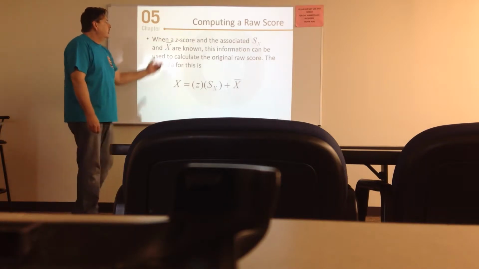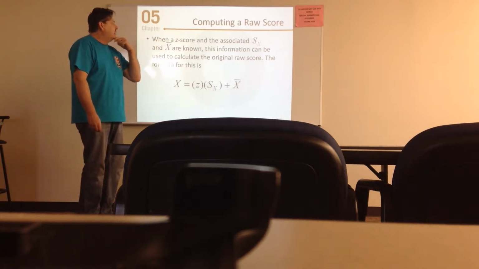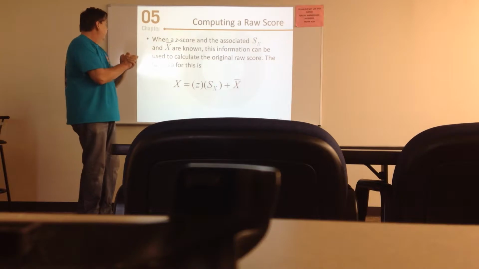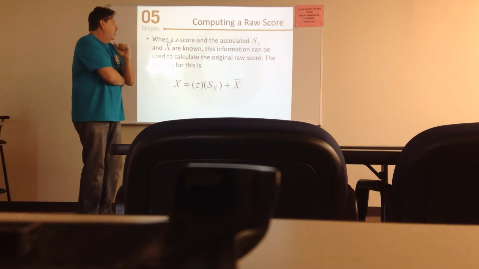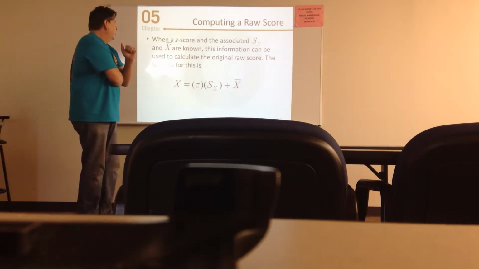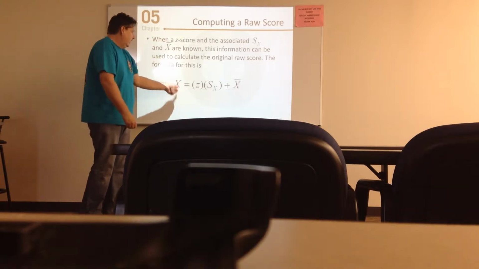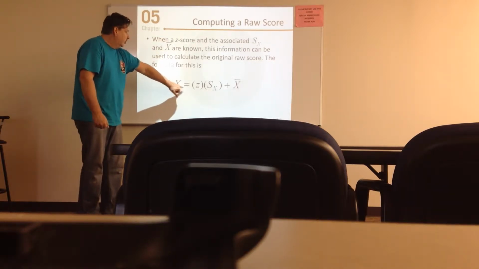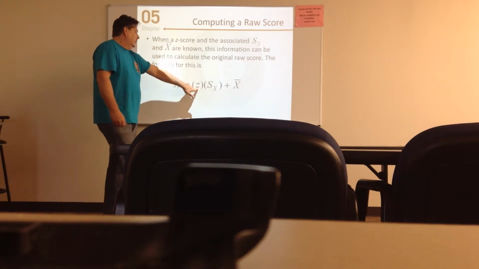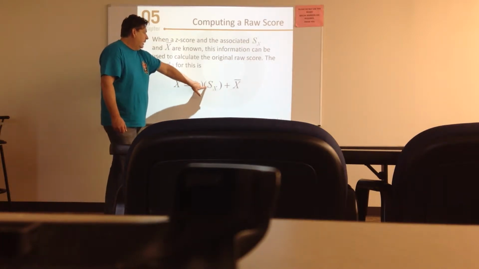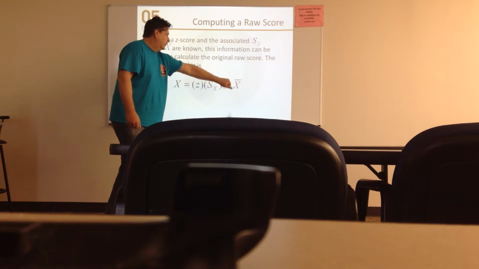When a Z-score and the associated standard deviation of the sample and the mean of the sample are known, this information can be used to calculate the original raw score. The formula is the raw score is equal to the Z-score times the standard deviation plus the mean.